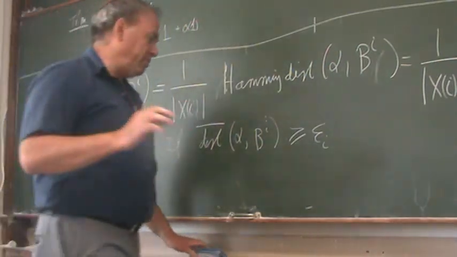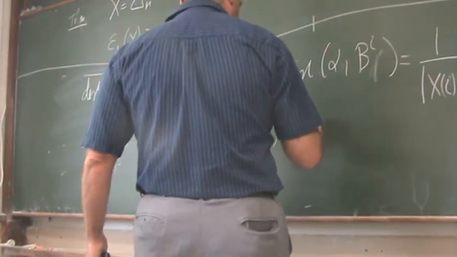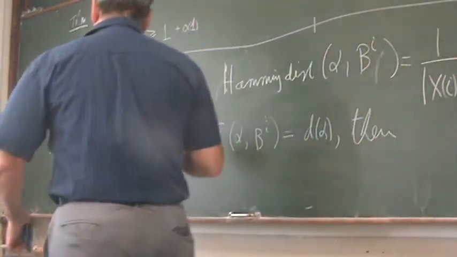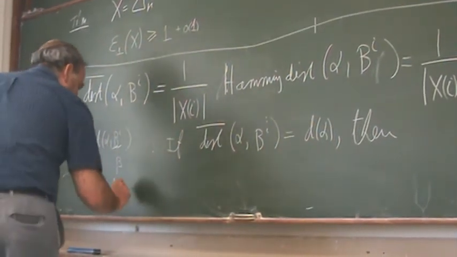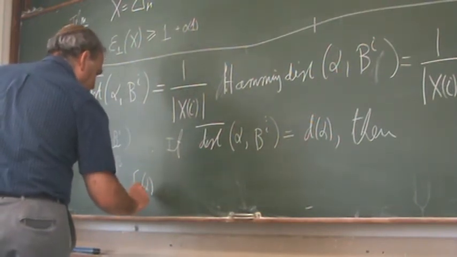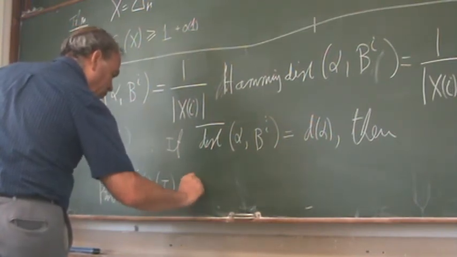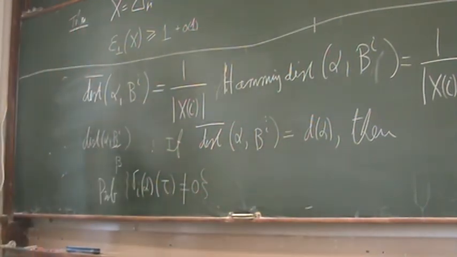If this distance is equal to some number, d of alpha, then what's the probability that delta I of alpha on tau is equal zero or non-zero? We want to see what's the probability that the tester will reject alpha.